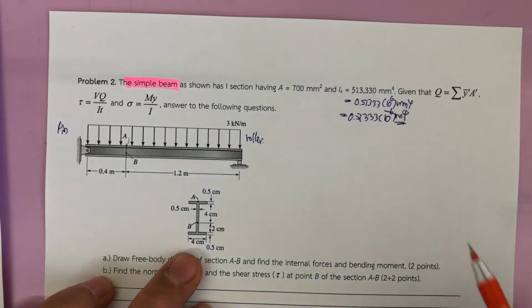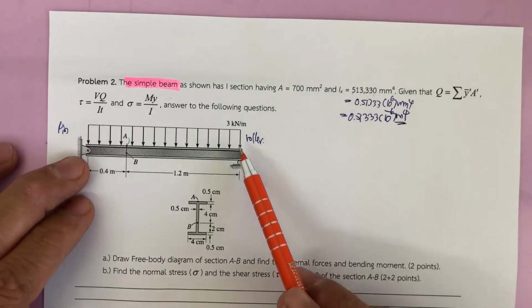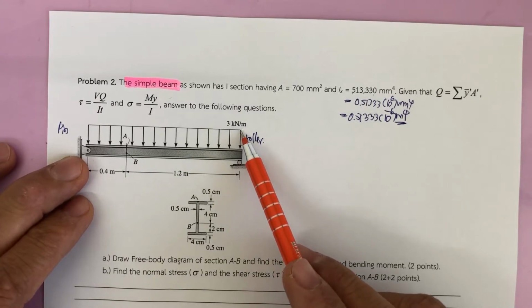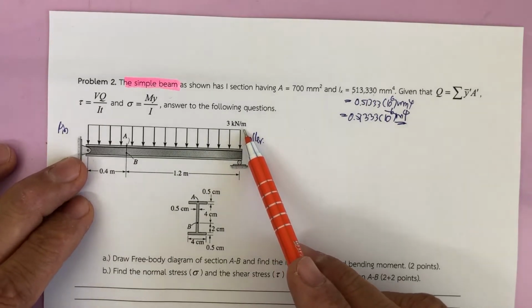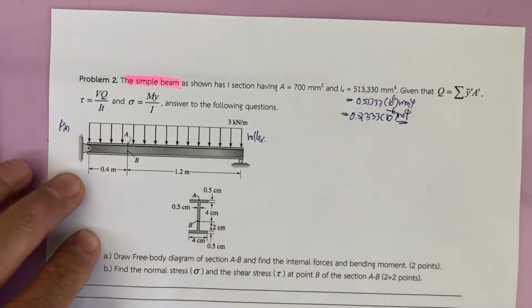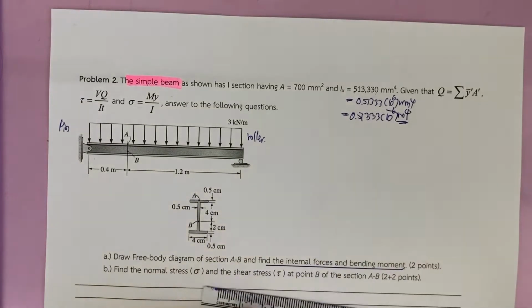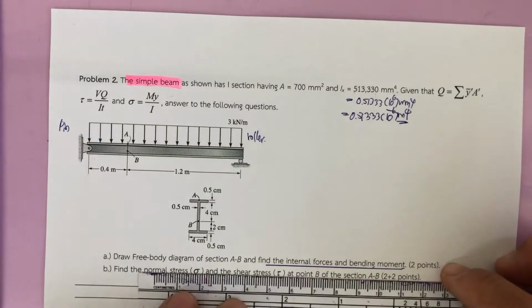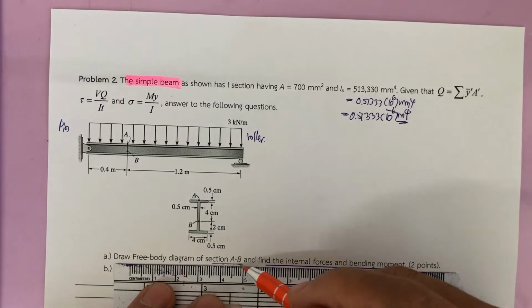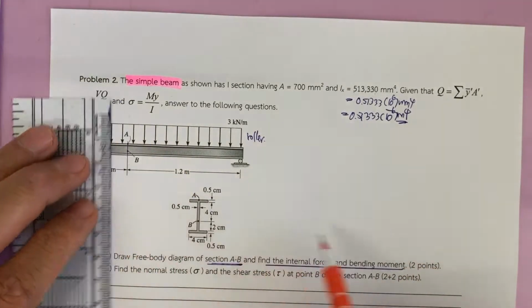And this beam is subjected to a loading of 3 kilonewton per meter. They ask us to determine the internal force and the internal moment that occur on the section AA. That means they ask us to determine this.